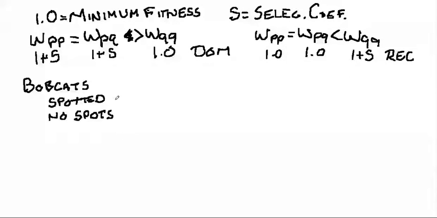Now the first thing we would have to do is try and figure out whether this system is a dominant or a recessive system, or if it's something more complex, and which allele is dominant and which is not. So let's say that we have spots being the A1 allele, no spots being the A2 allele.